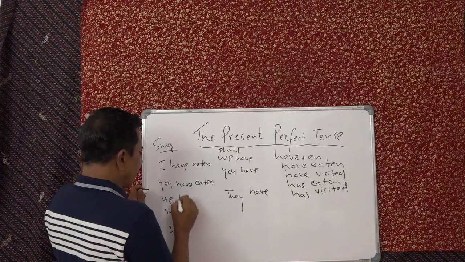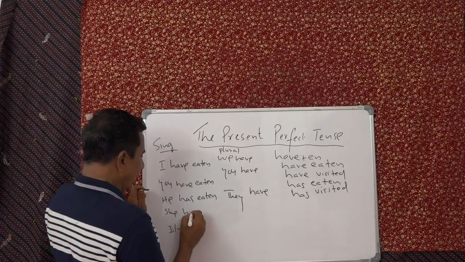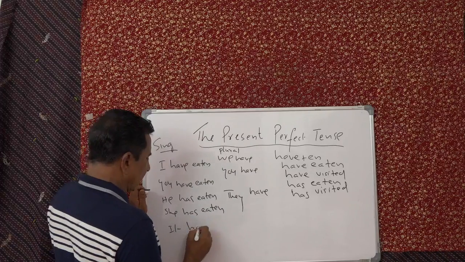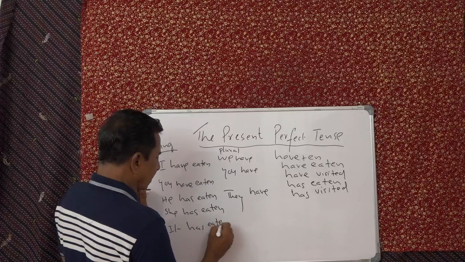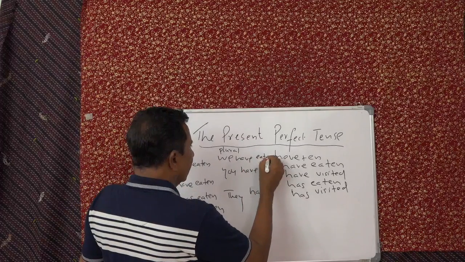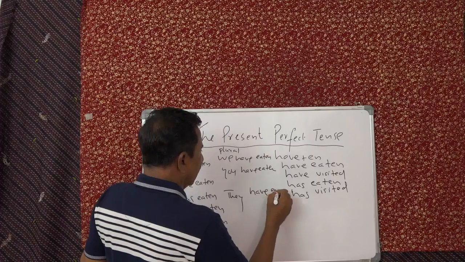See that? He has eaten, third person singular. She has eaten, third person singular. It has eaten. Eaten something. And we have eaten. Then you have eaten. And they have eaten.